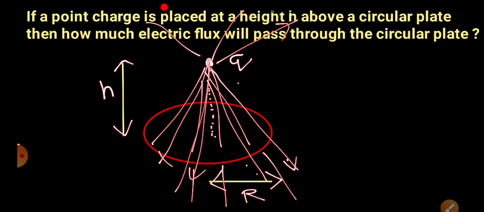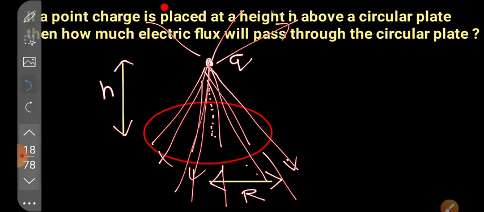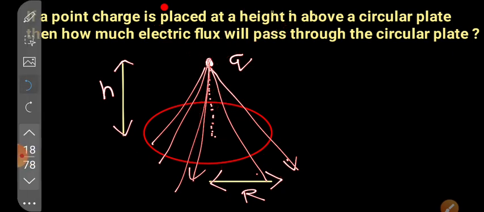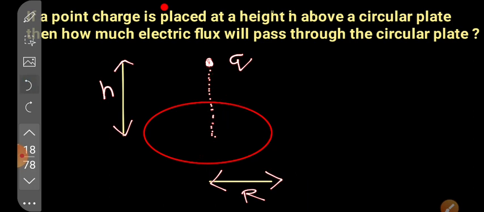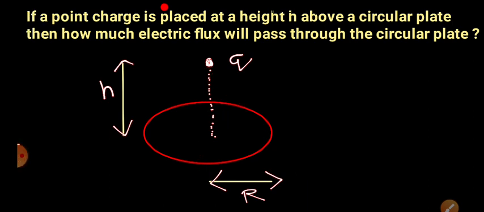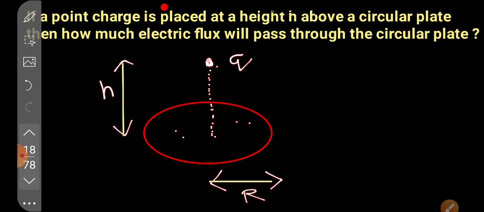And to calculate all these things, we need to apply the formula, integration of E dot ds. But right now the electric field due to this charge is different at every point. So we need to integrate to calculate the flux passing through this surface.